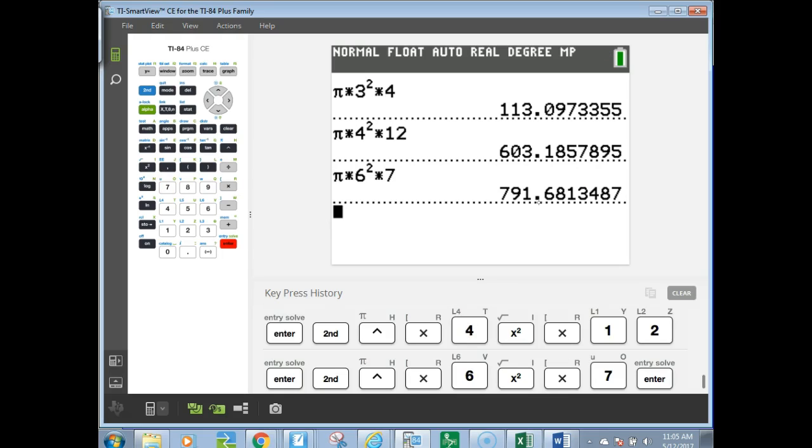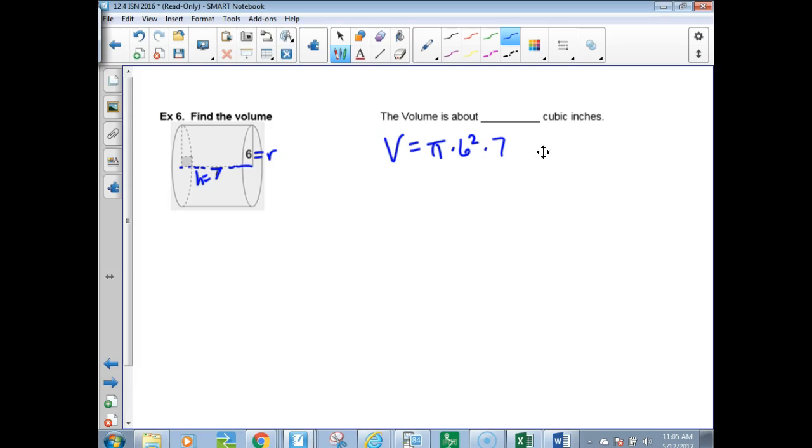That's 791.7 cubic inches. They still do it the same way, except your cylinder's laying sideways.